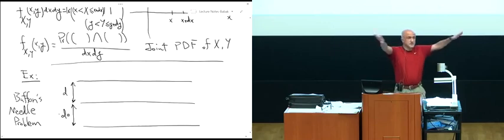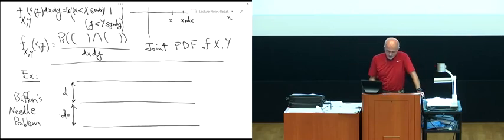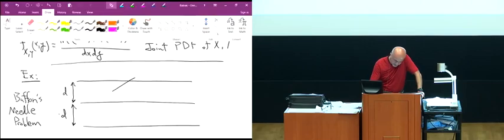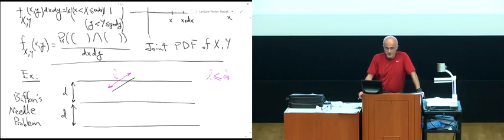So imagine this infinite plane ruled by these parallel lines separated by distance d. And you have a needle of length L that you randomly toss on this plane. L is less than or equal to d. Okay?